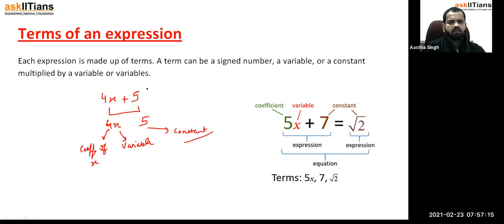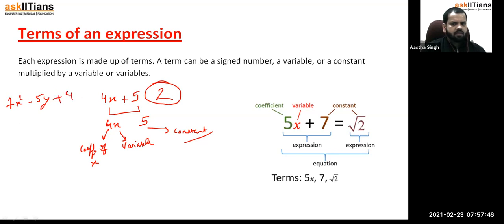The terms are separated by a plus or minus sign, and you can count how many terms there are. In 4x plus 5, there are two terms. Suppose the expression is given like this: 7x square minus 5y plus 4.